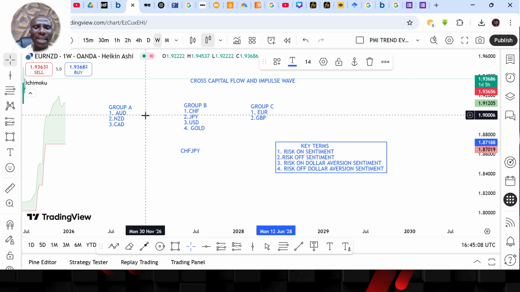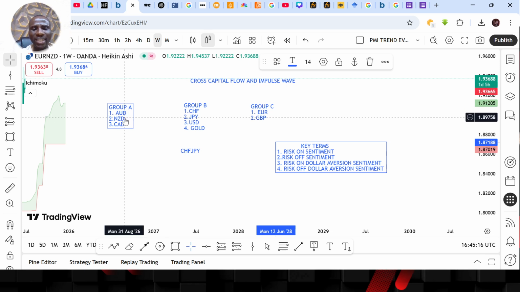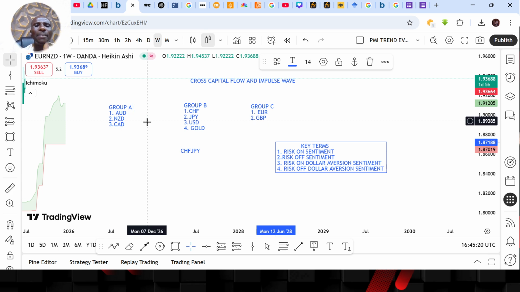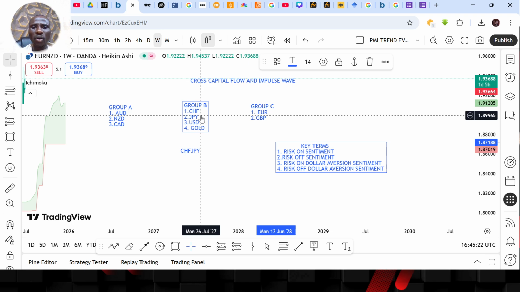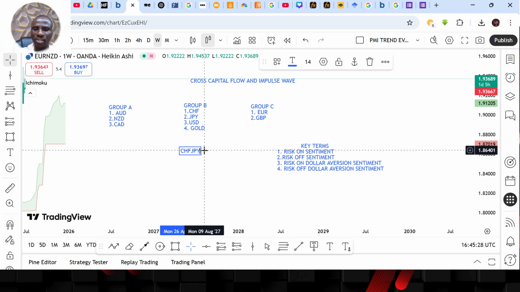But what I'm saying is, even if you don't have an idea of the gauge, you can just look at the currencies in group A. These are high yield commodity currencies. You can pair them with currencies in group B. For instance, if you want to trade, instead of CHF JPY, you pick AUD CHF.